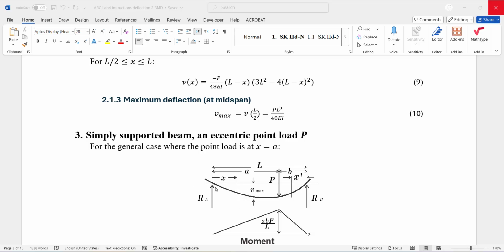The dark line is the deformed configuration, the thin line is the undeformed configuration. So every x has its own vertical displacement. This thick line is, in some textbooks, called the elastic curve, and it is very straightforward for us to measure v of x.